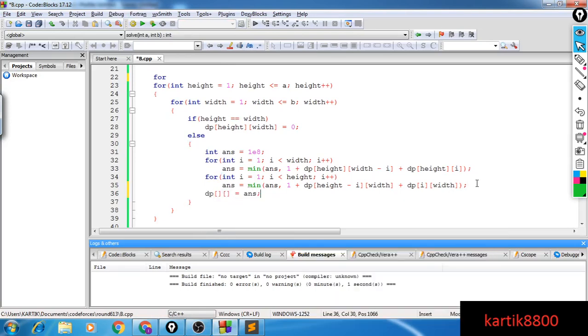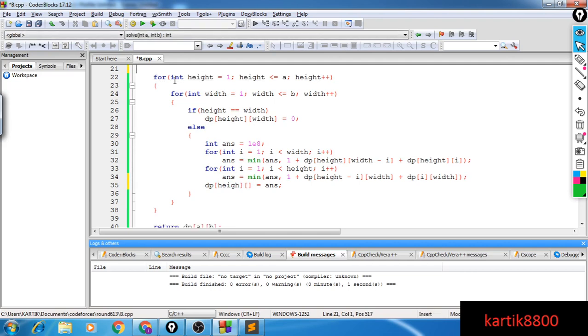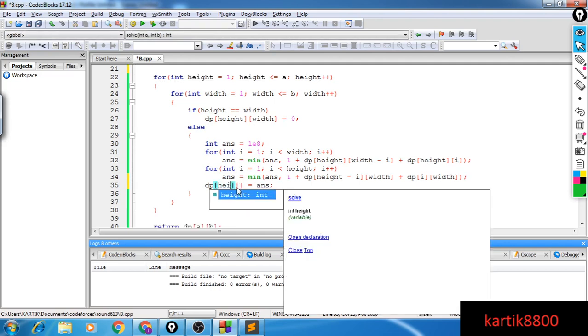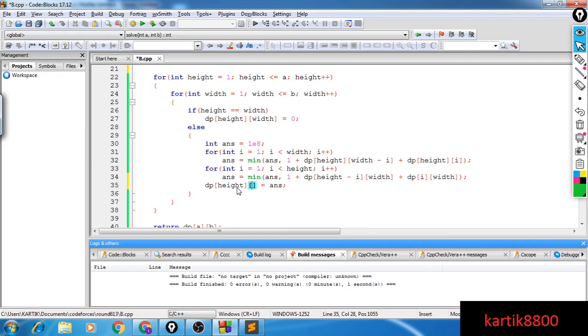Otherwise I will get a garbage value. So hopefully now this should work. Yep, I'm getting the correct answer.